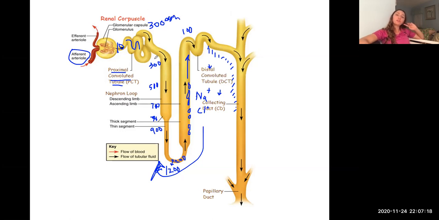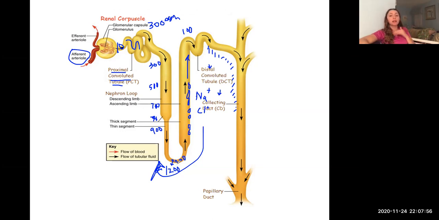Then you get to the loop of Henle, and this is when it starts to get difficult. The body figured out a way to do it: it increases the amount of solutes outside of the nephron so that the water will flow outside to dilute the solutes. As it goes down, the amount of solutes outside of the nephron gets higher and higher to allow more and more fluid to leave.